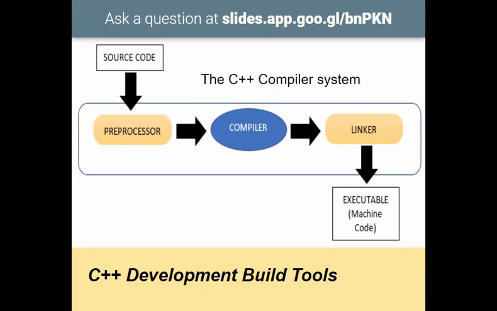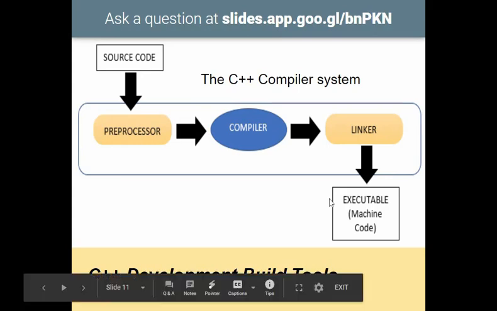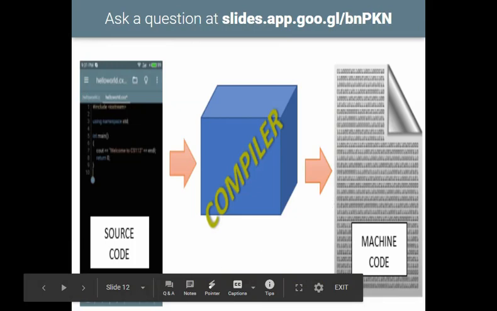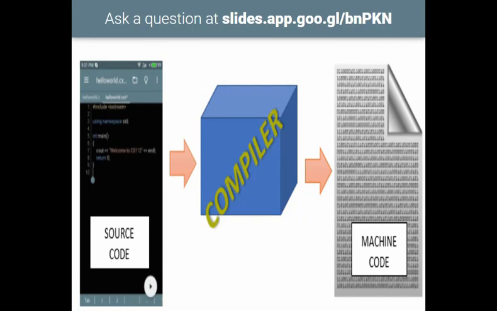Okay. So here, going back in our slide, machine code is the term used to define any binary instruction which the computer or the CPU will read and execute.